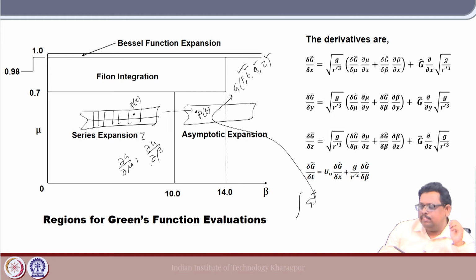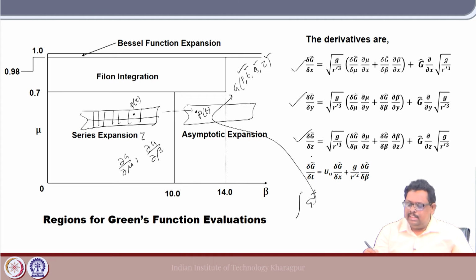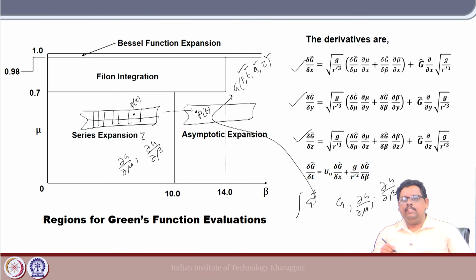Using this technique you can get all the components: g, del g del x, del g del y, del g del z, del g del t. Everything you can get from this expression once you know the value of g, del g del mu and del g del beta. Once you have these values, you can get all these values over here.